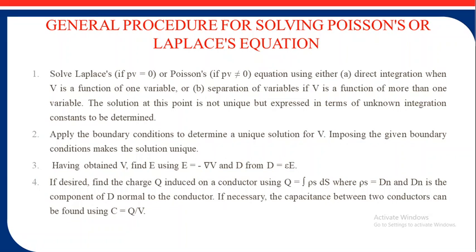The first approach is direct integration when V is a function of one variable, and separation of variables if V is a function of more than one variable. The solution at this point is not unique but is expressed in terms of unknown integration constants to be determined. That means the constants of integration occur, but by using the boundary values we can obtain them easily.